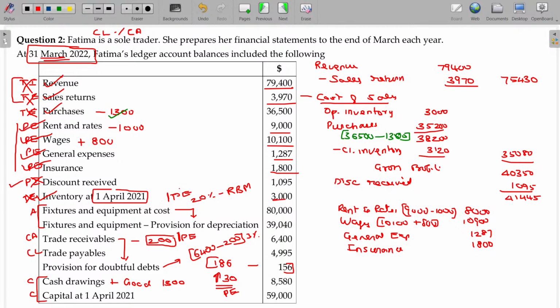And we have to calculate the depreciation for plant and fixtures and equipment. Depreciation for fixture and equipment based on reducing balance method. So initially we have 80,000 rupees, from there 39,040 is subtracted, and then on that 20% will be calculated. So 80,000 minus 39,040.